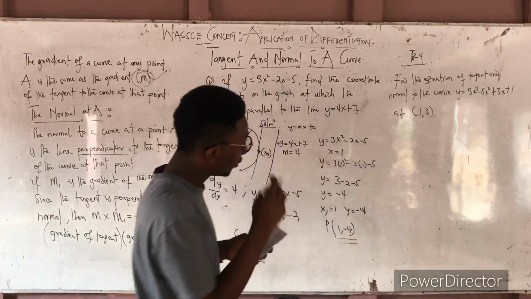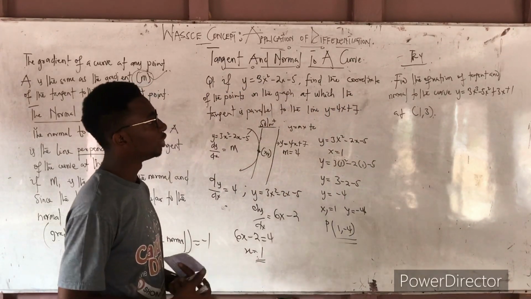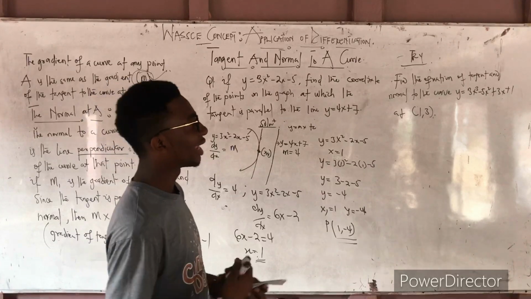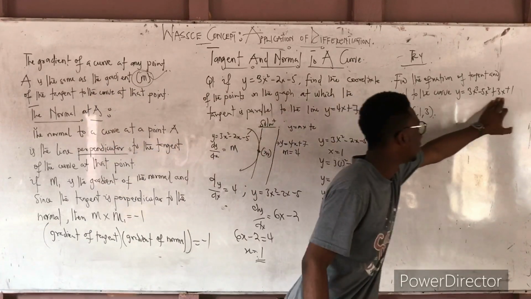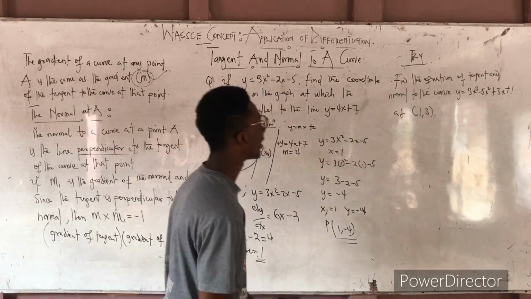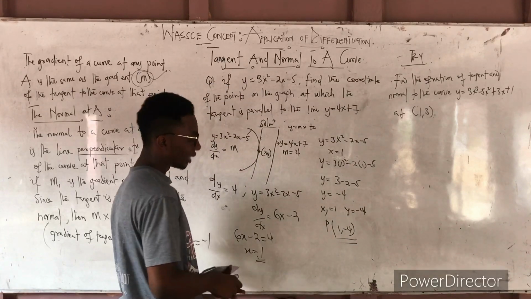So this is the question. You have to find the equation of the tangent and normal to the curve at the point (1, 3).